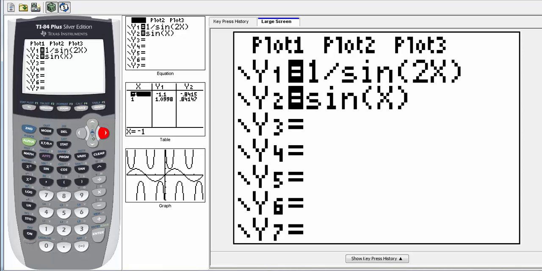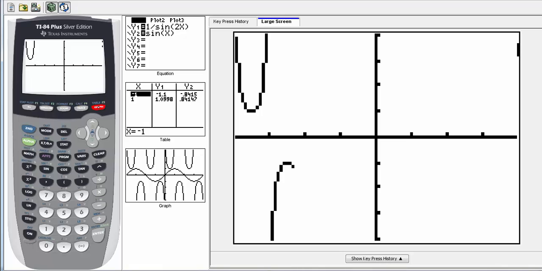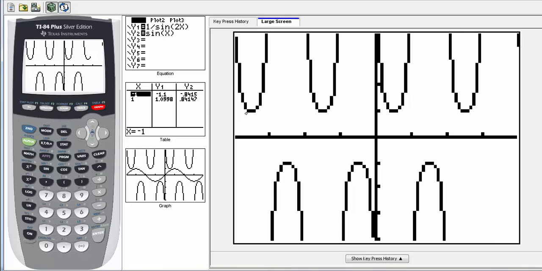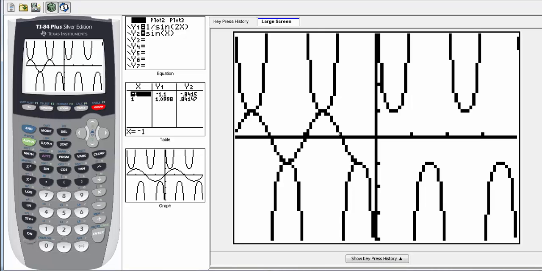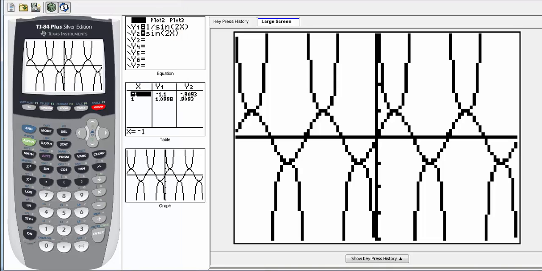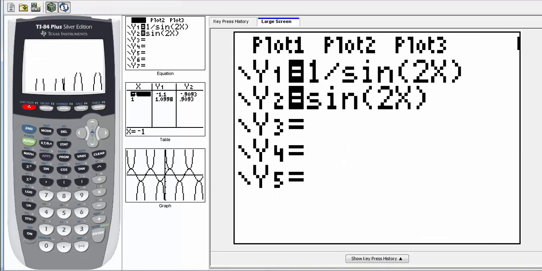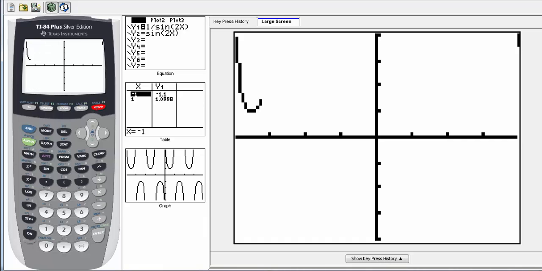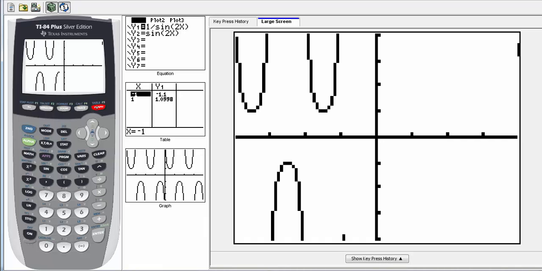If we made this y equals the sine of 2x, and then once again we'll notice when the sine function is graphed, watch how it's going to come up and touch the low point, and then it's going to touch each of these points as it goes across here. So now if we compare this, and maybe let me take out the sine function so we can just look at the cosecant.